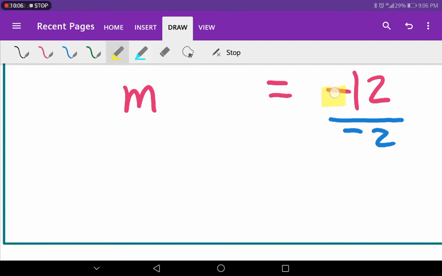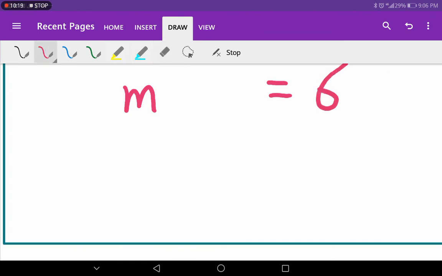And remember, if you have negatives up and down, that means you have to ignore them. So 12 divided by 2 equal 6. So m equal 6. Okay, my dear student, are you happy? I hope so.